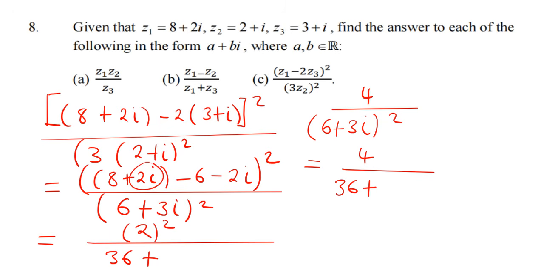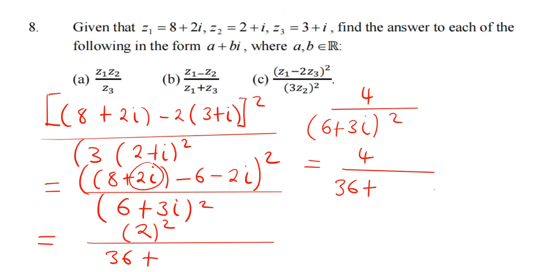Let me just try to do something. This is 6 squared, that is 36. If I get the 3i squared as well, on the other side, 3 squared is 9. Then i squared is negative 1, so we're going to have negative 9.